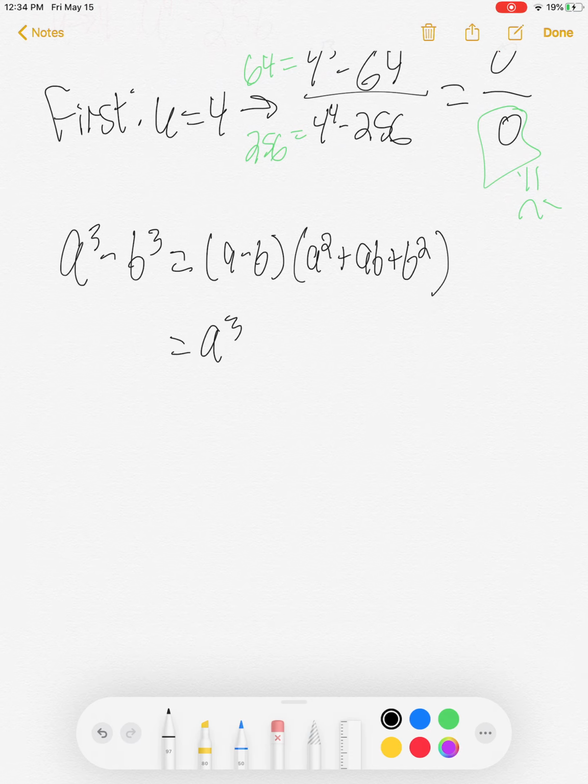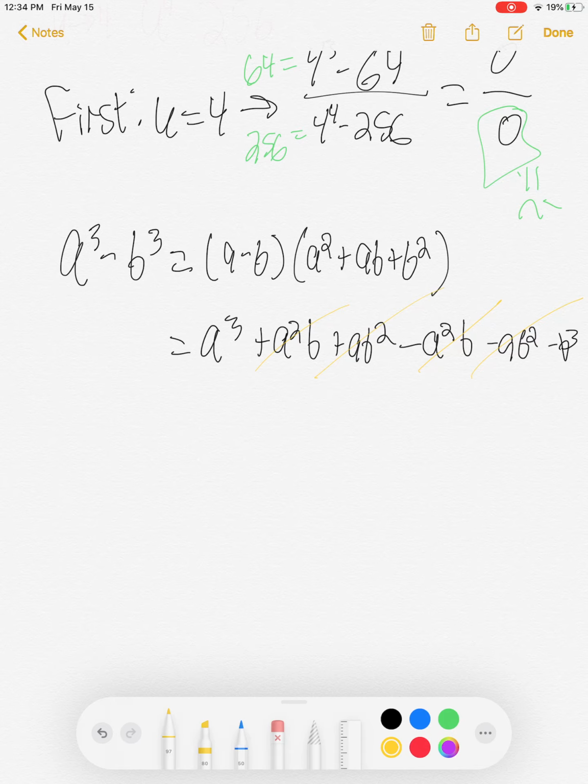So I get a cubed plus a squared b plus ab squared, and then minus a squared b minus ab squared minus b cubed. And yep, sure enough, cancels, right? I've got a plus a squared b, a minus a squared b, and a plus ab squared minus ab squared. So we're just left with a cubed minus b cubed, as we had hoped.